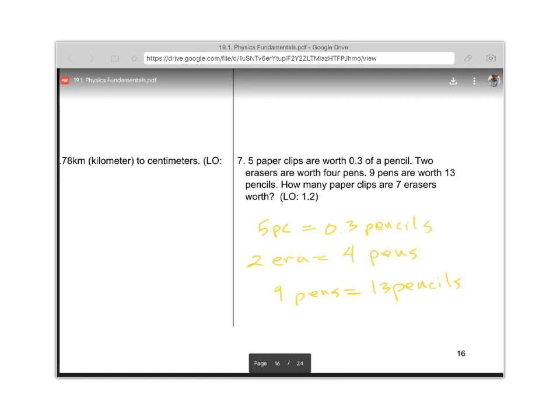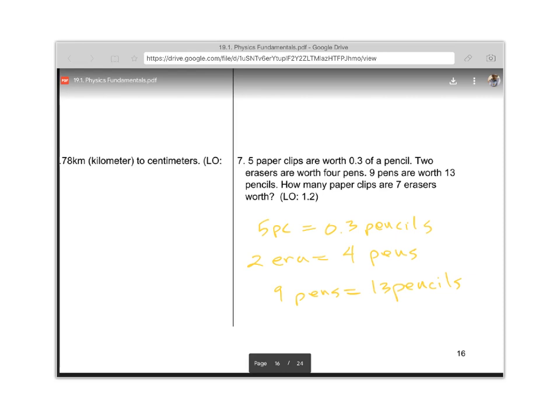The problem asks you to go from erasers, if you have 7 erasers, to paper clips. So if we're looking at the pathway, you have to go from erasers to paper clips. So I called it PC up here.